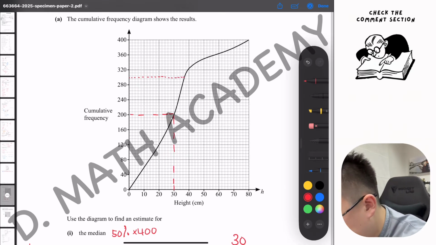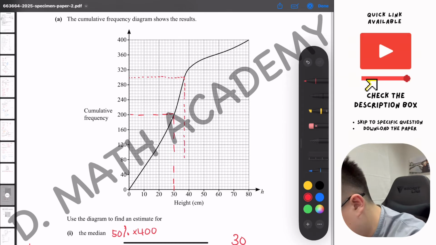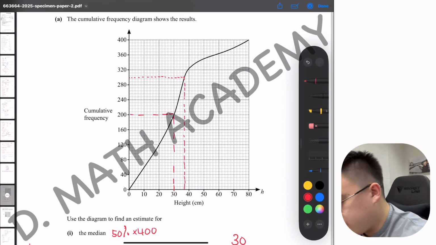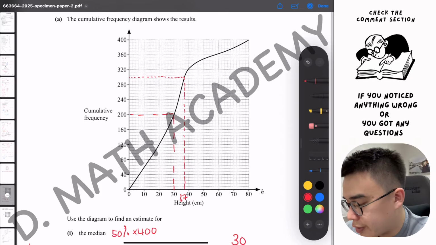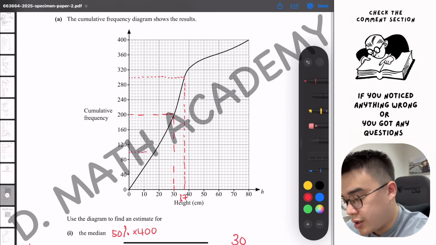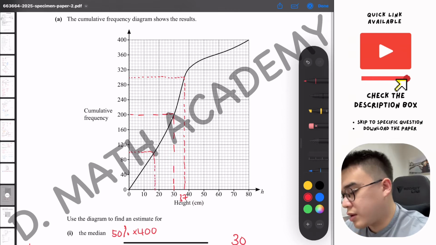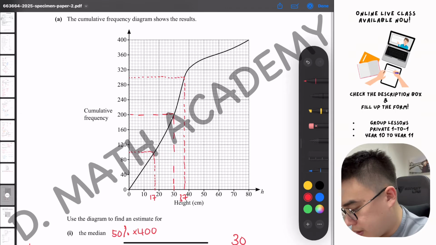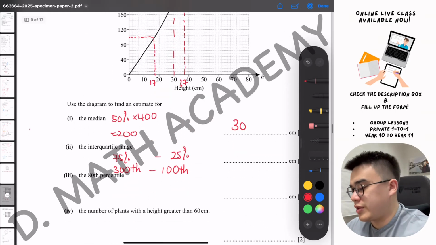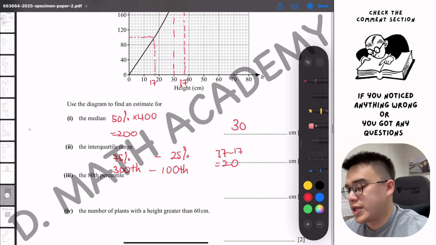So when I trace and pull it down, it led me to an answer of 37. Then for 100, it was here, leading us to the answer of about 17. So 37 minus 17, you will get a balance of 20.